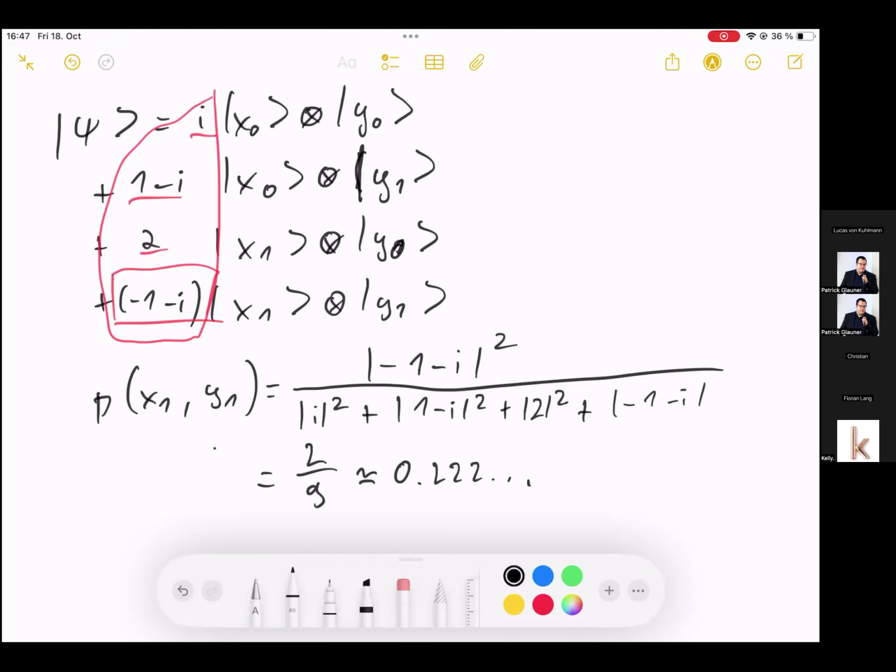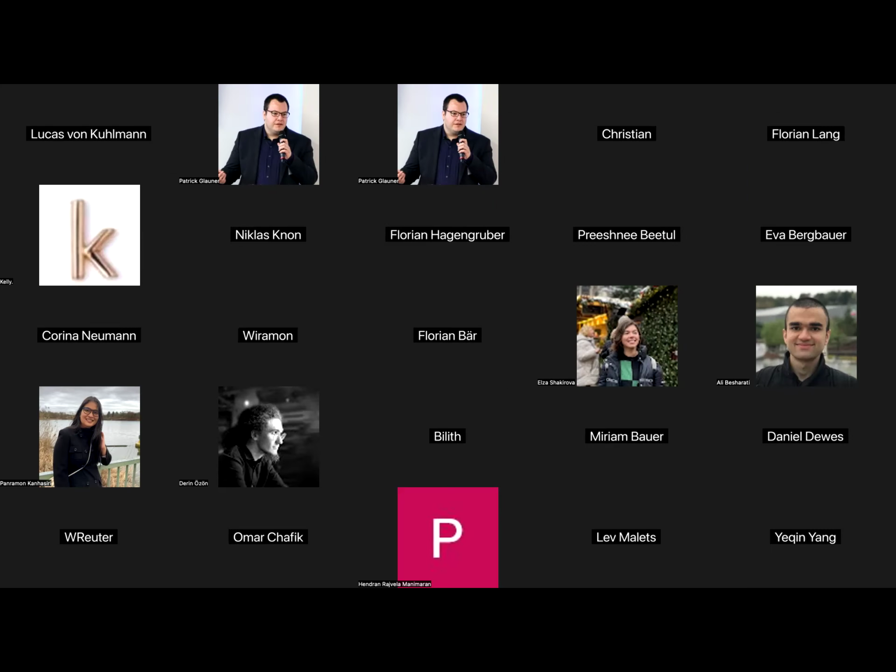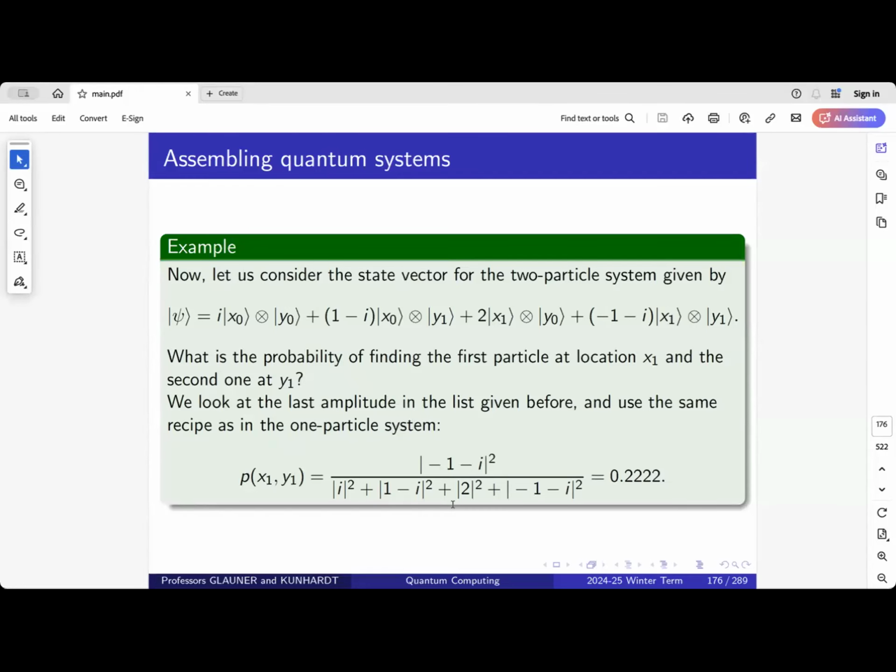And if you normalize the system, because you have the normalizer here, you could just normalize all of these probabilities and then take directly the normalized complex amplitudes, take the modulus squared, and you're done. You can also find this example here in the slides, and we're done with today's content.